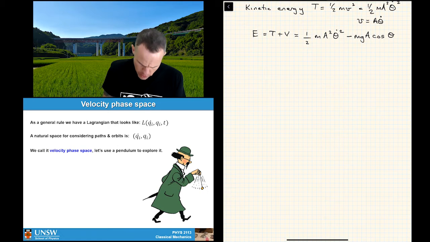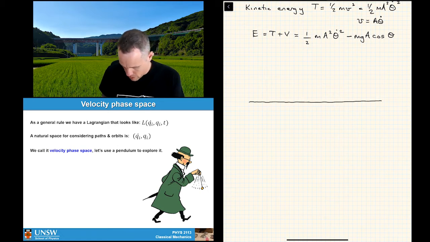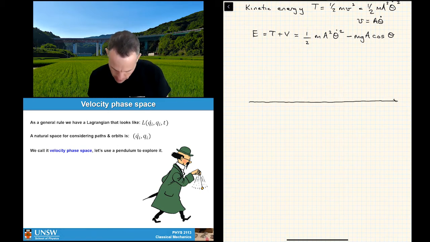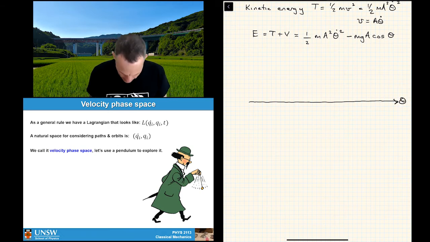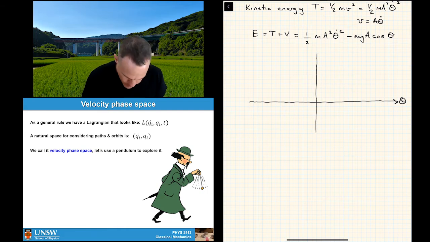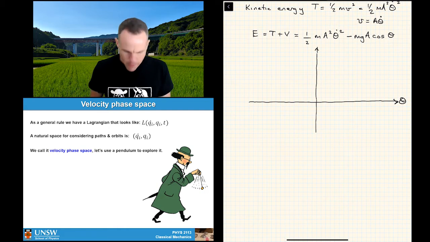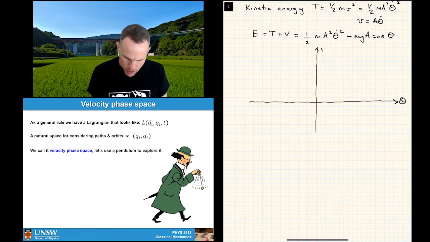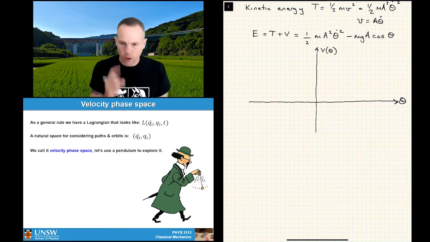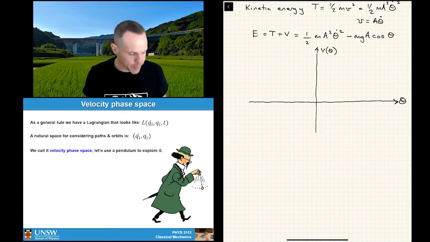So what I'm going to do here is plot on my x-axis my positional coordinate theta, and I'm going to draw it in the center just to keep things simple. On my y direction, I'm going to plot potential energy in this particular case.